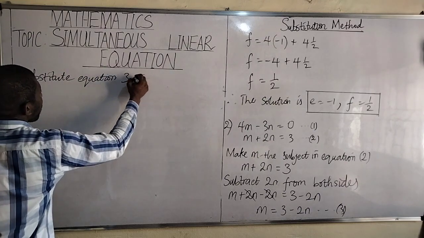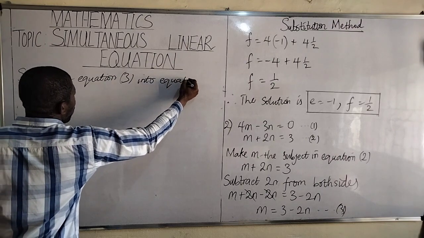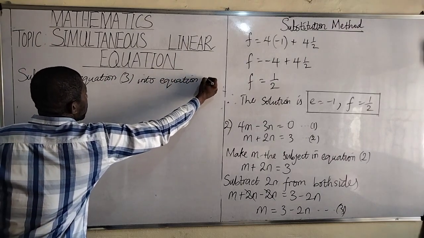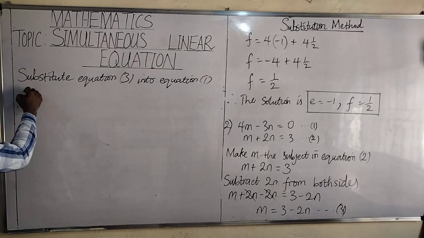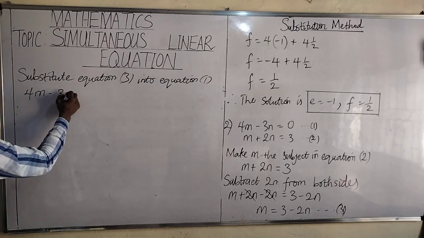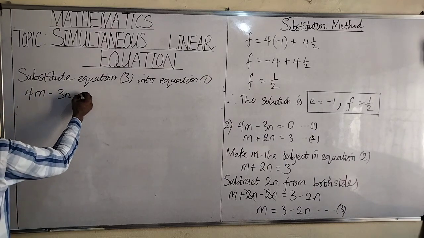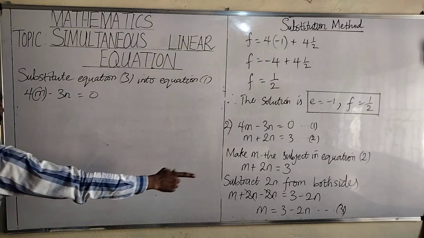So we are substituting equation 3 into equation 1. What does equation 1 say? Equation 1 says 4m minus 3n equal to 0. Any place we see this m, we replace it with the value we have over there.